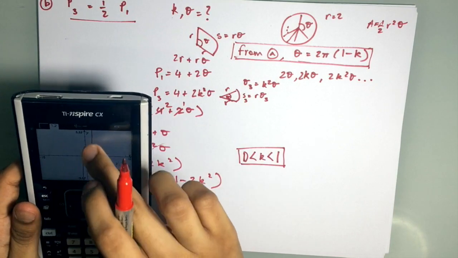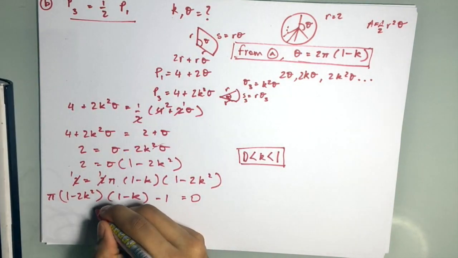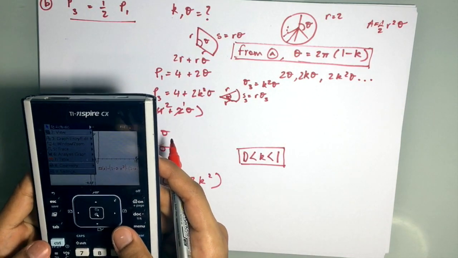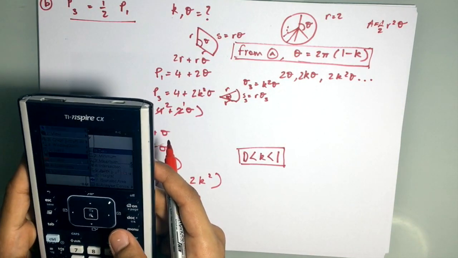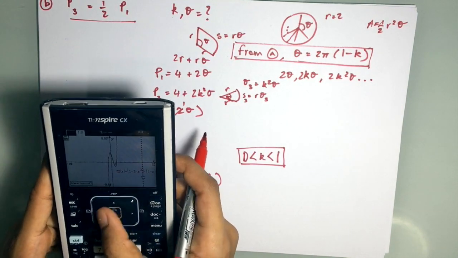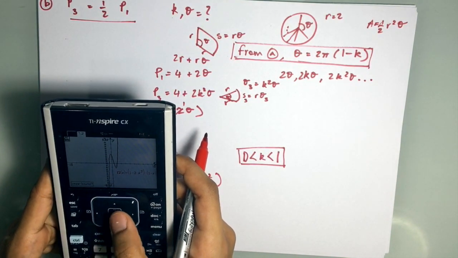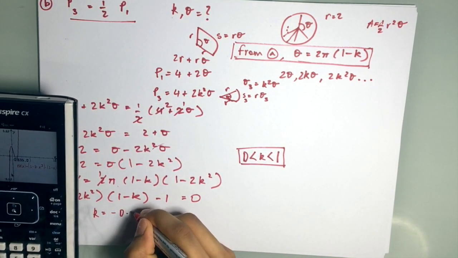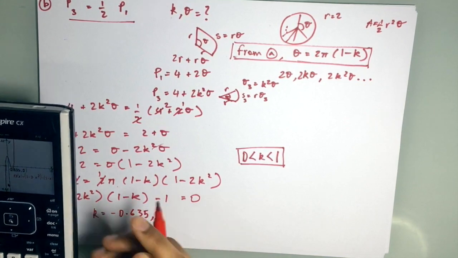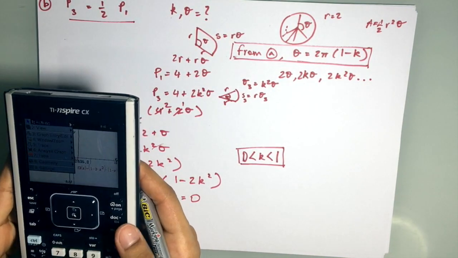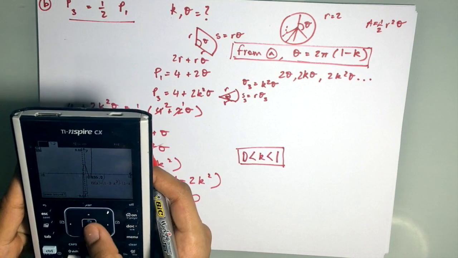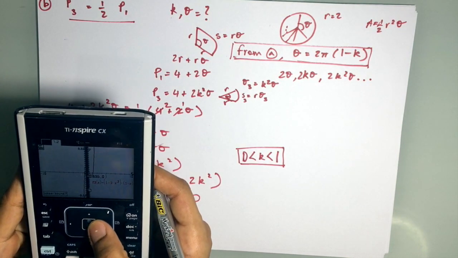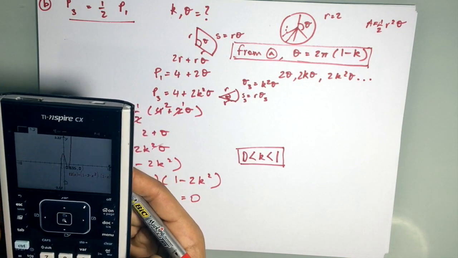Okay, so we've got this cubic, and I'll write down the 3 solutions. So I can just go to graph, 6, analyze, and then 0, and then find each of the 3 zeros. The first one is minus 0.635, then the second one is, whoops, what?